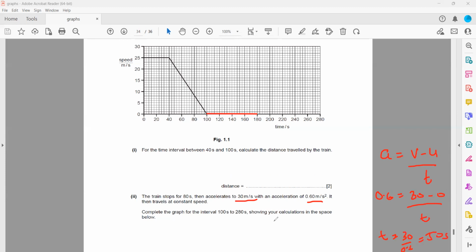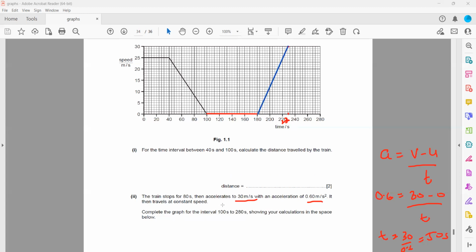So for 50 seconds, the train accelerates. From 180 plus 50 means 230. So from 180 to 230 seconds, the train reaches a speed of 30.